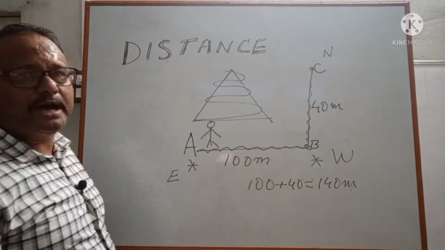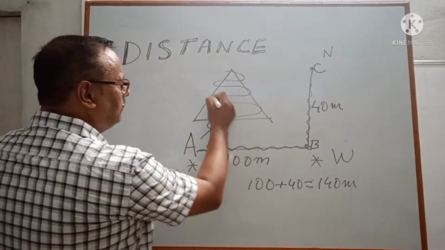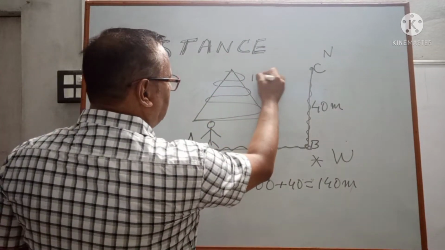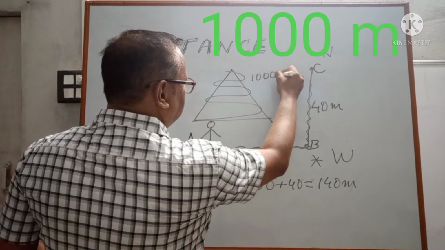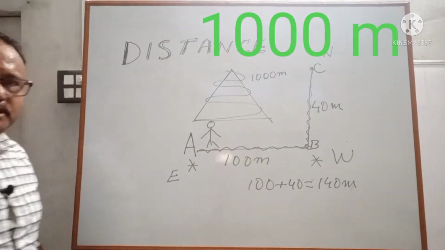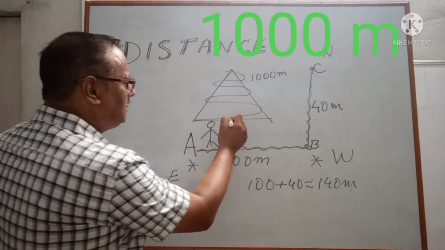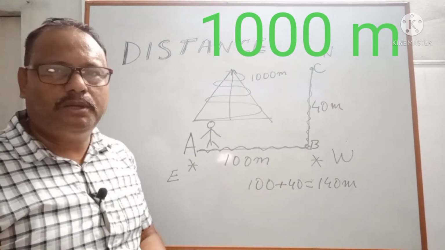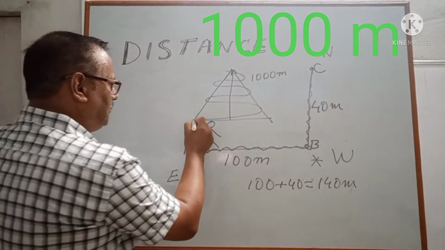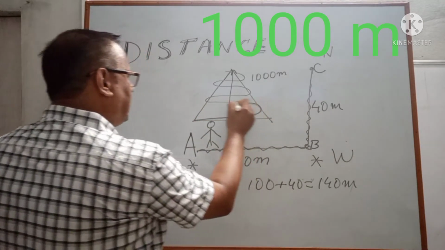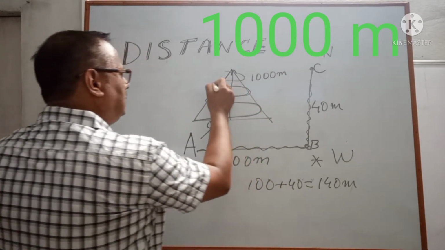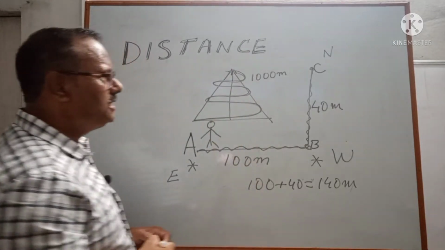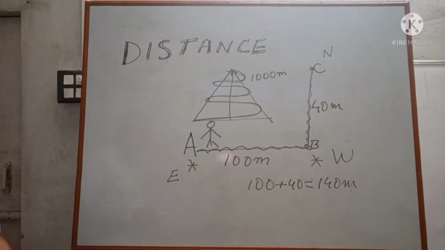Now in case of a spiral way, the length of the travel of the car is, suppose we take 1000 meters, but actually the height may not be 1000 meters. The actual height may not be 1000 meters, but the distance is the actual path traveled by the moving object to reach the top, that is 100 meters or 1000 meters.